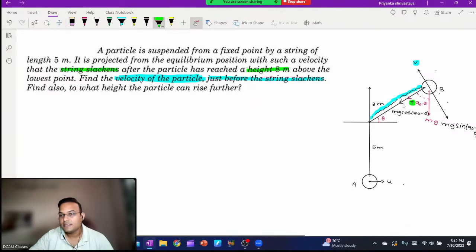So this is how the forces are. If you frame the equation, it will be T plus mg cos(90 minus theta), which is mg sin theta, equal to mv square by r. This first equation is the equation of circular motion.